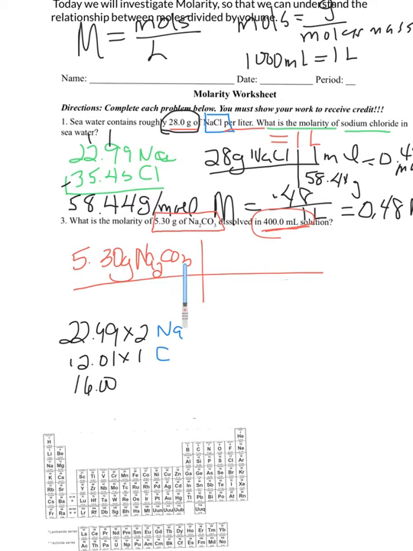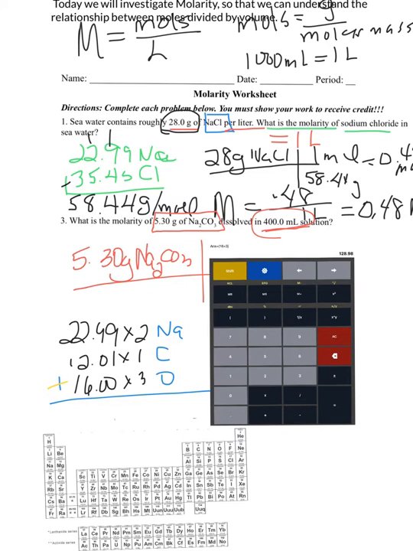And we don't just have 1 oxygen, we have 3. So we need to multiply that by 3. That's for oxygen. All right, and we're going to add this all together. Remember order of operations. When using a scientific calculator, your calculator doesn't know what to do.